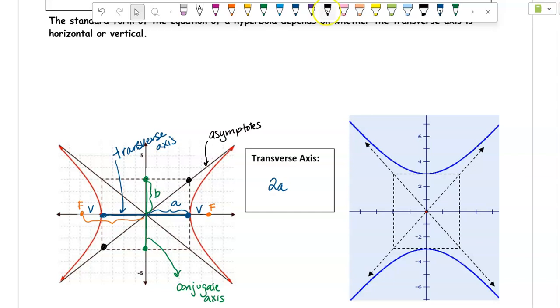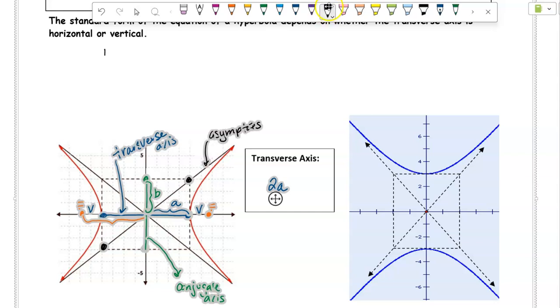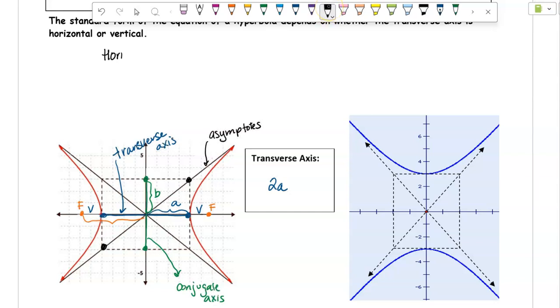Okay, so here's how a horizontal hyperbola equation looks. For a horizontal one in standard form: x minus h squared over a squared, then instead of addition, subtraction, y minus k squared over b squared, equals 1.